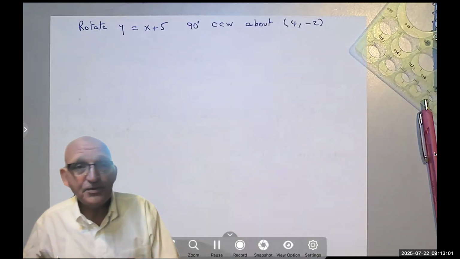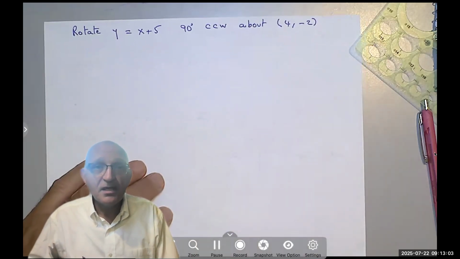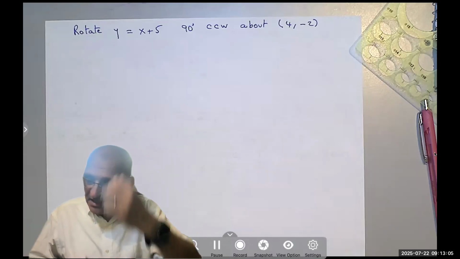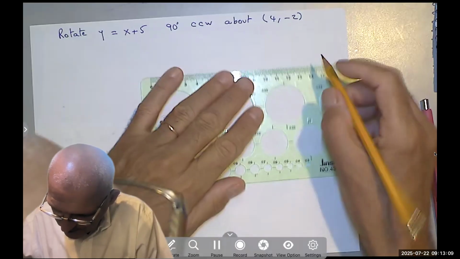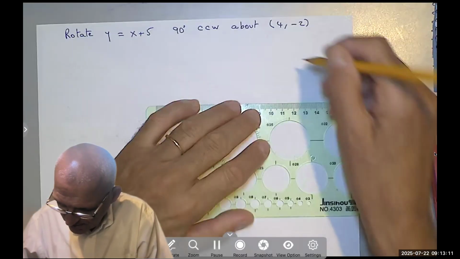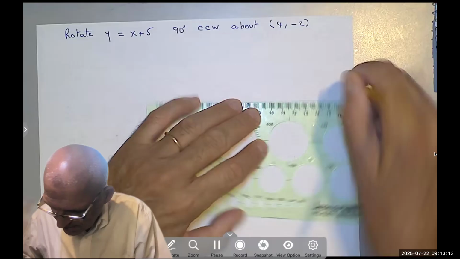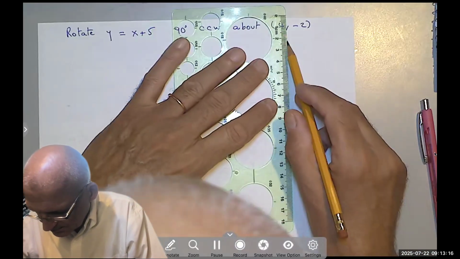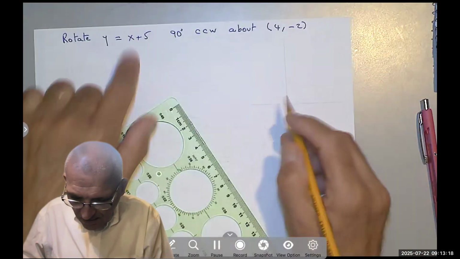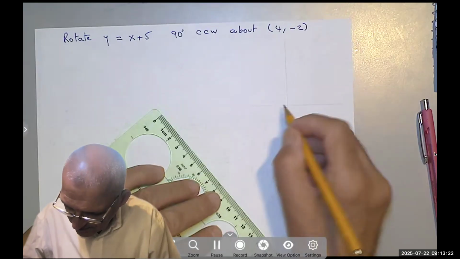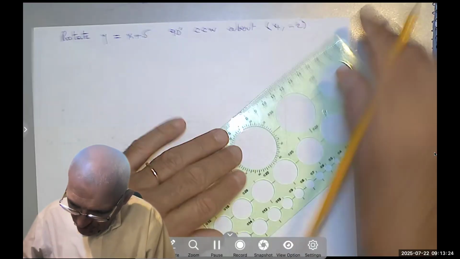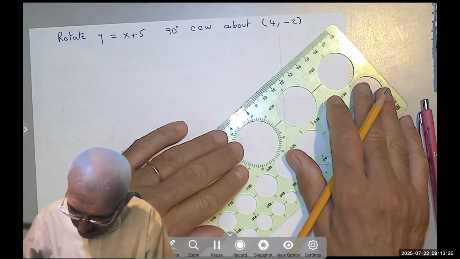Remember what we did in the previous problem. I could do it again, meaning if I have this straight line, the y-intercept is 5, slope is 1, so I get something like that.